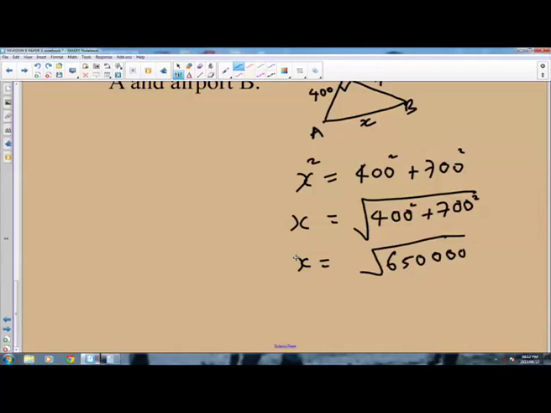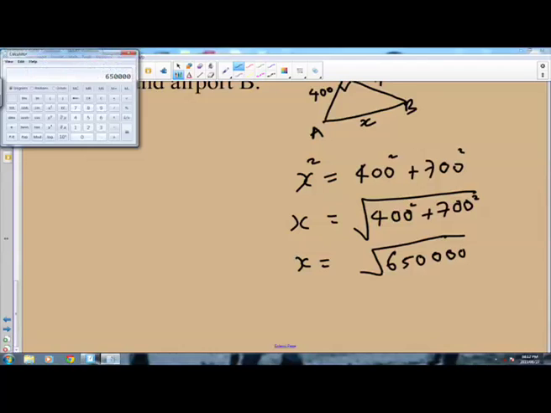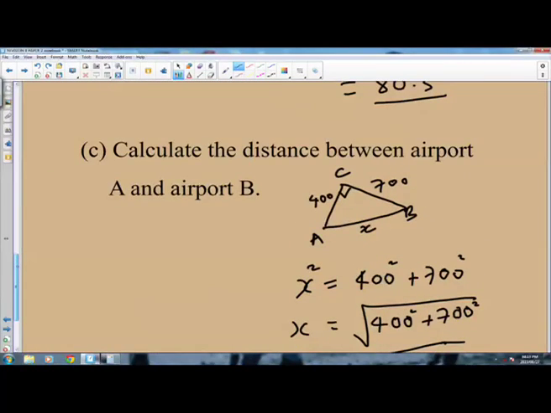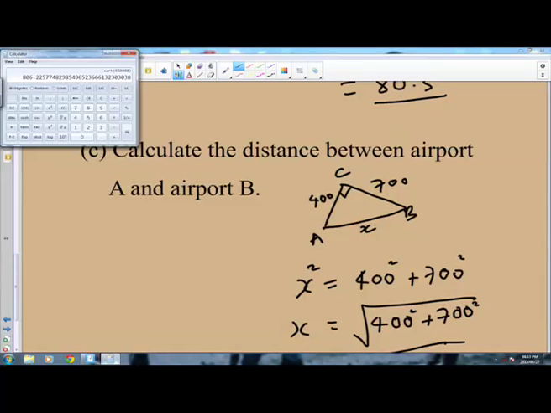That is the value of x. And then take the square root of 650,000. The square root of this is 806.22577. So you can just write this as 806.22.